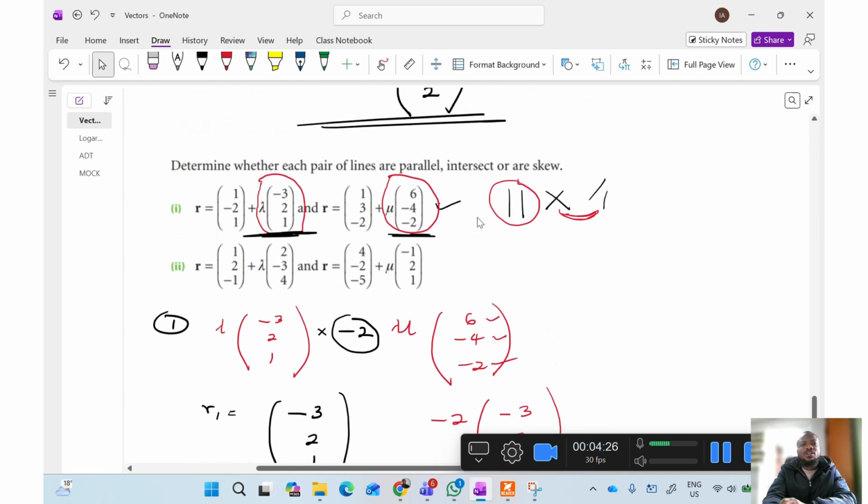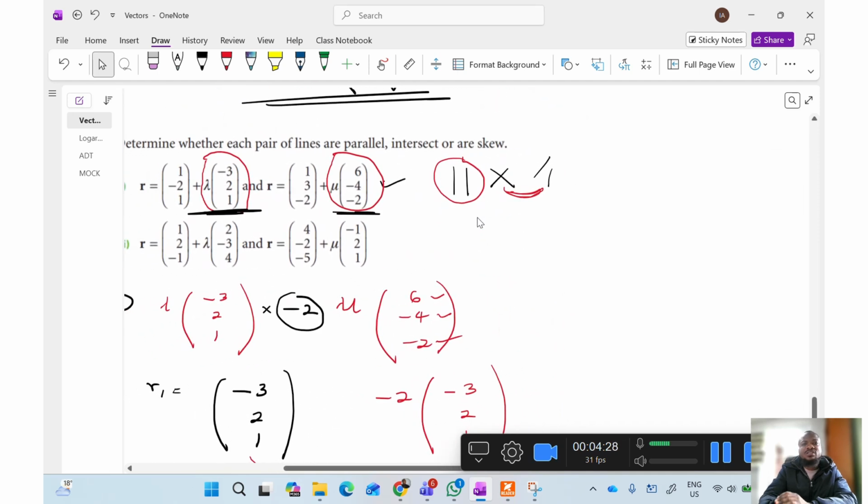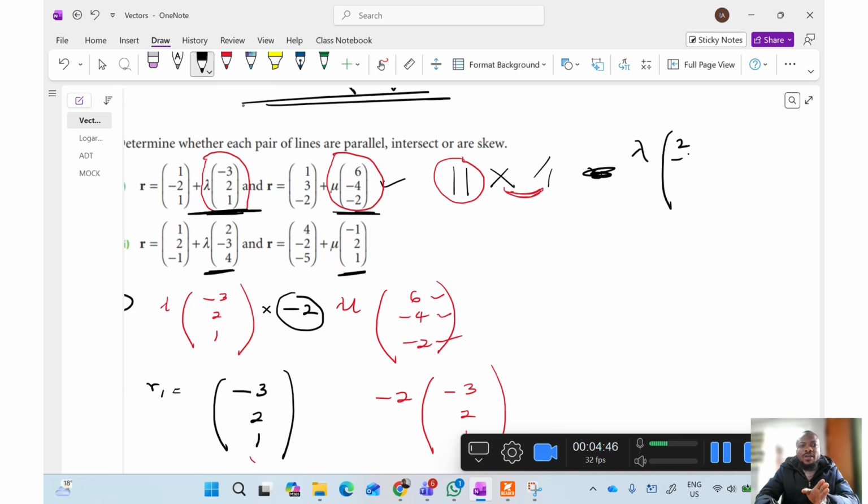So let's move to the second question. The second question is r equals (1, 2, -1) plus lambda (2, -3, 4), and mu (-1, 2, 1). Like I said, take the two lambda and mu direction vectors and check if there is anything common.